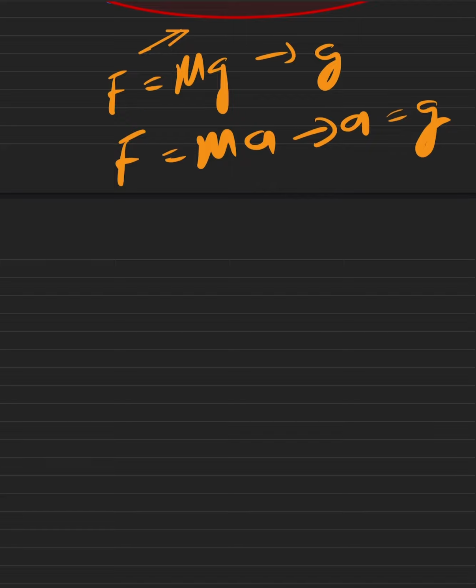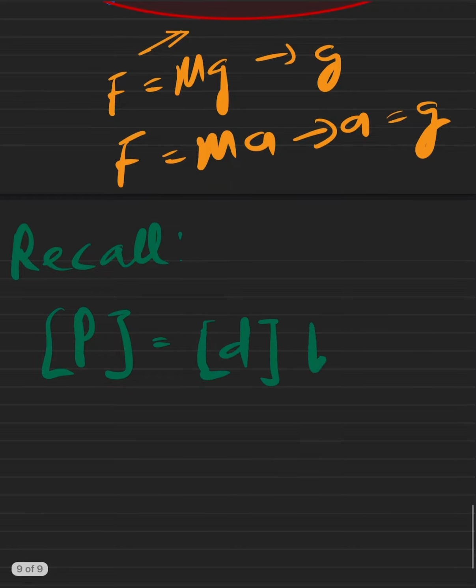So in a way, you are going to have, if you recall, P, we took P as D, height, and gravity, right?